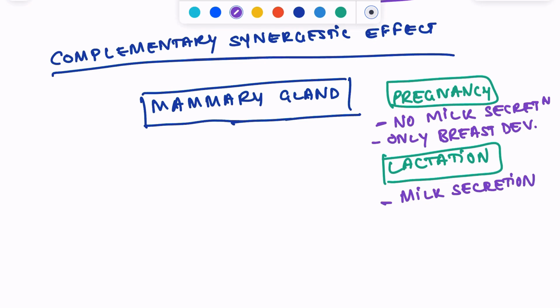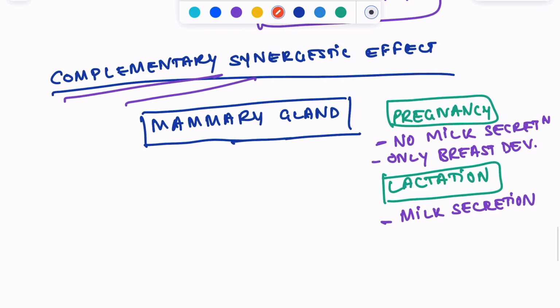And that regulation is nothing but the complementary synergistic effect of different hormones. Okay, let's see how. Now this phase is where the mammary gland will develop, plus produce milk, plus secrete milk.